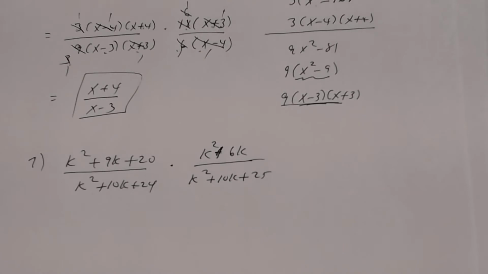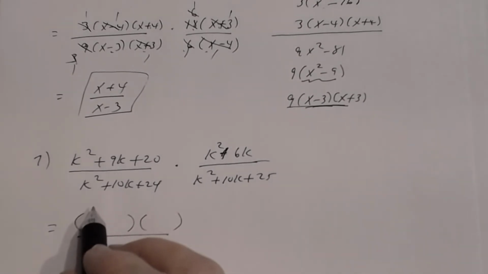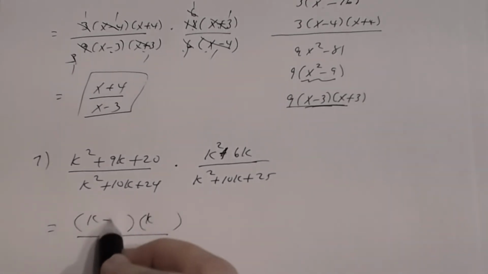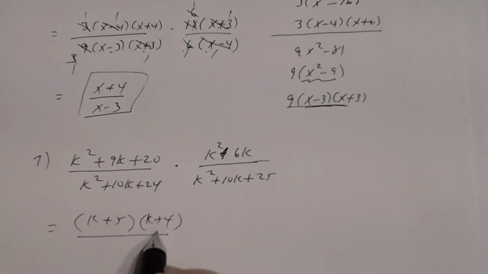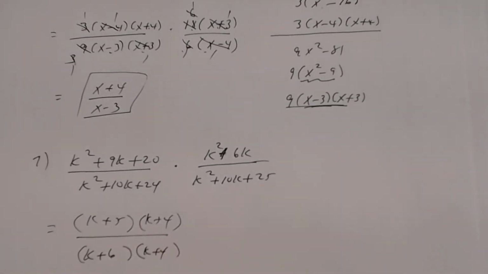If I look at that first numerator, it looks like I can factor that as k, 5 and 4. So plus 5, plus 4. All right, that looks like that's going to work. Then the denominator is going to be k plus 6, k plus 4. Now let's go to the next rational expression.